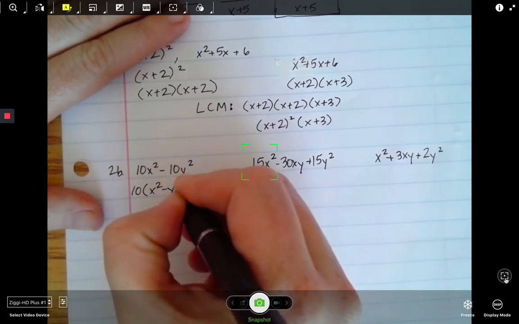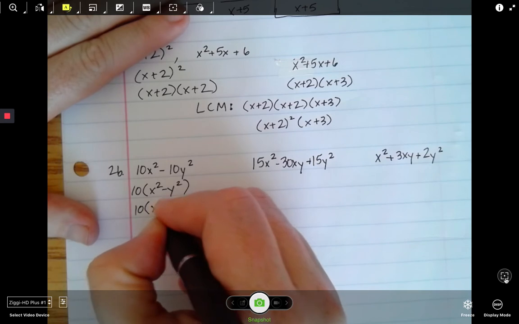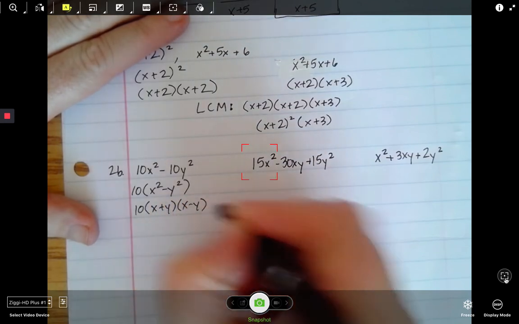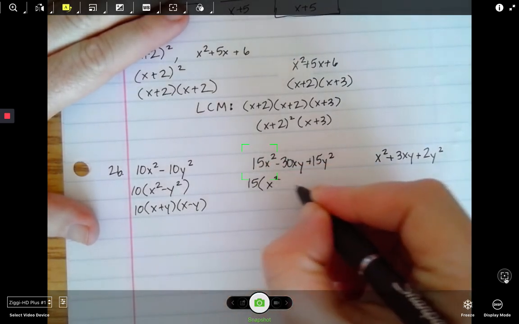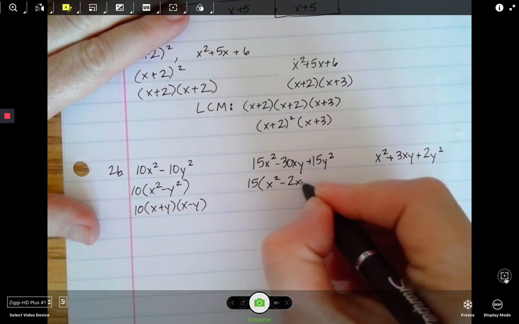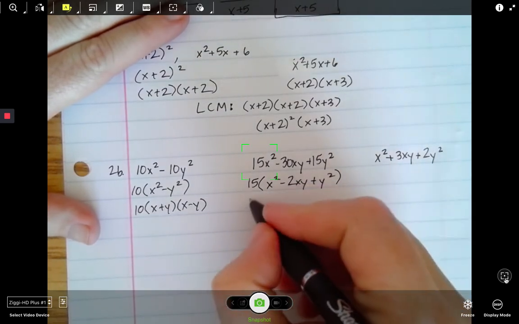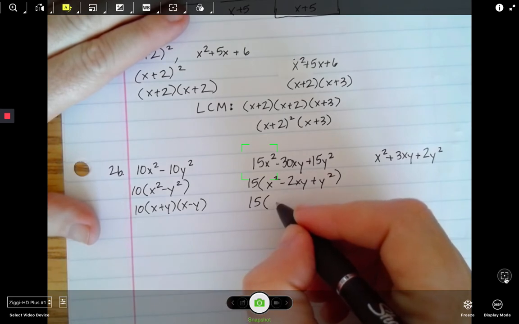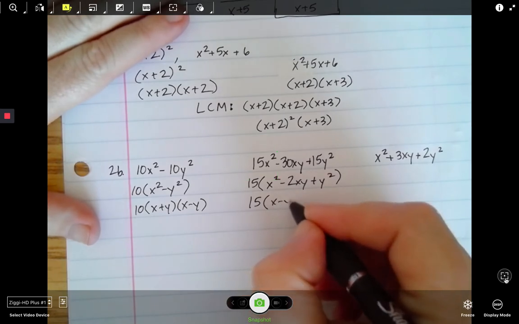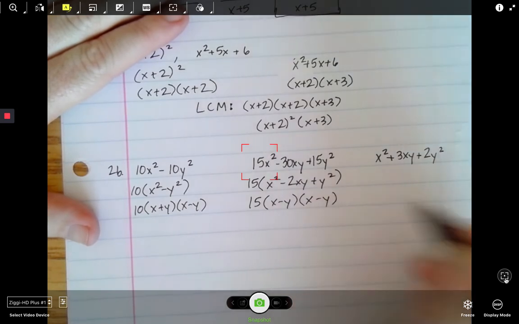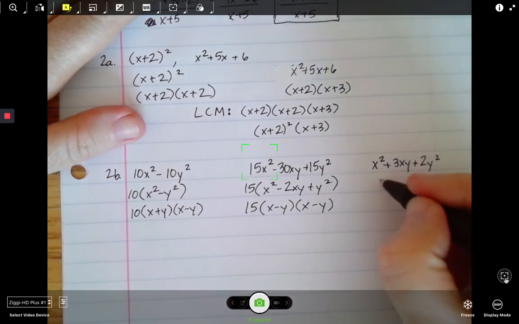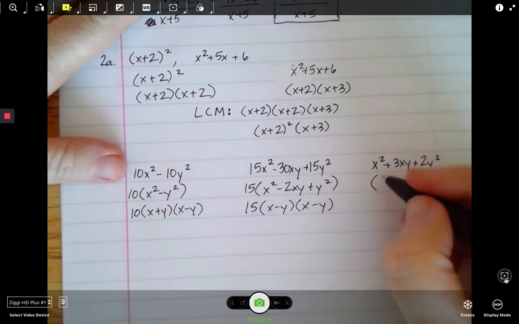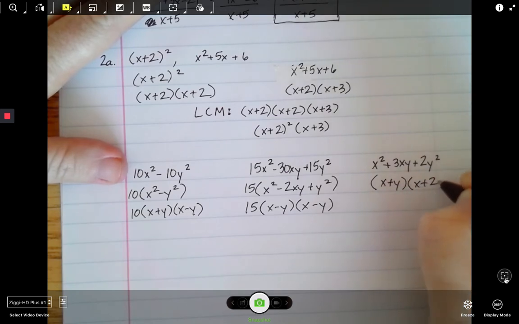I've got x squared minus y squared, which is x plus y times x minus y. Right here, I take out a 15 first, and I got x squared minus 2xy plus y squared, which is the same as x minus y times x minus y. And then right here, my factors would be x plus y times x plus 2y.